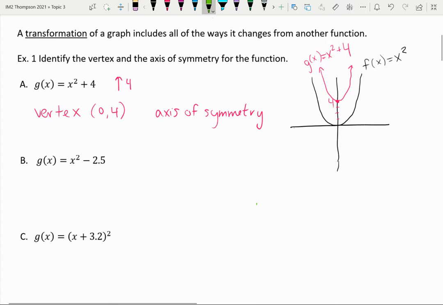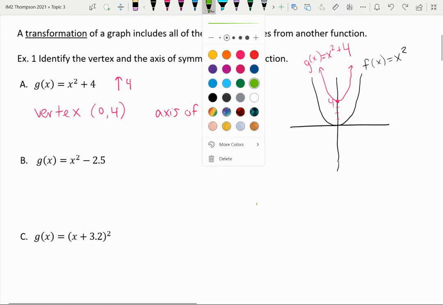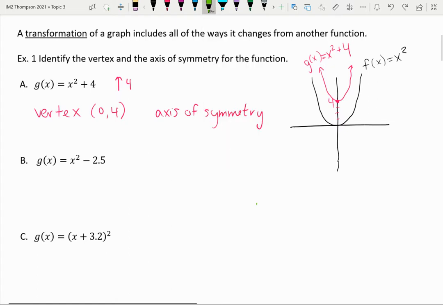The axis of symmetry is the line that the parabola is symmetric about. For the parent function, the axis of symmetry is x equals 0.